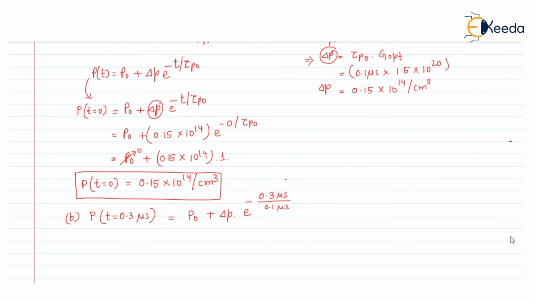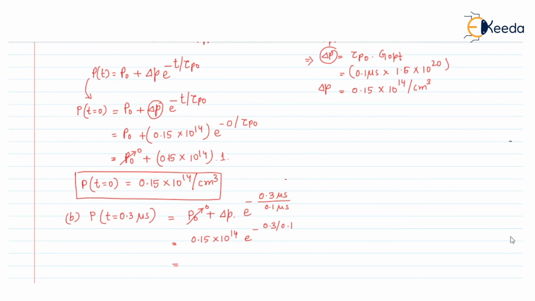So from this equation we can find the value. My P0 value is 0 and del P value we have already calculated, that is 0.15 into 10 to the power 14, into e to the power minus 0.3 divided by 0.1. So from this equation I can find the value.